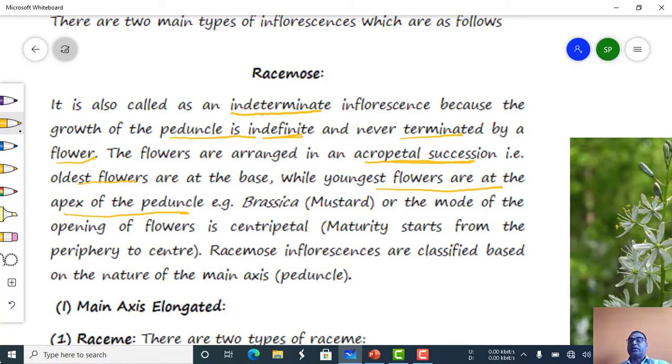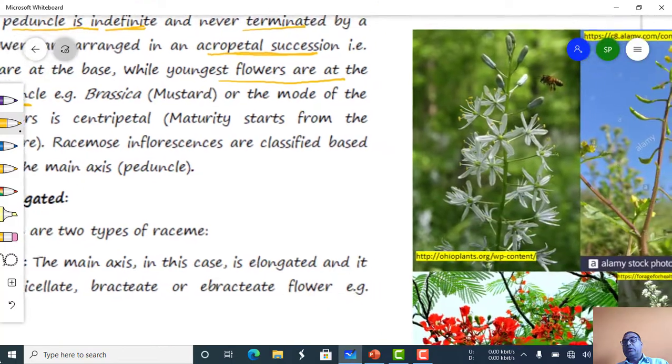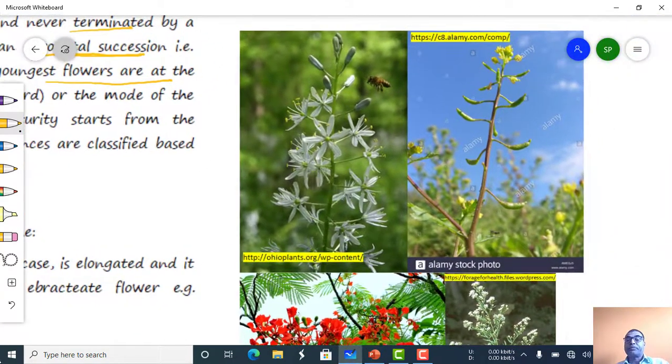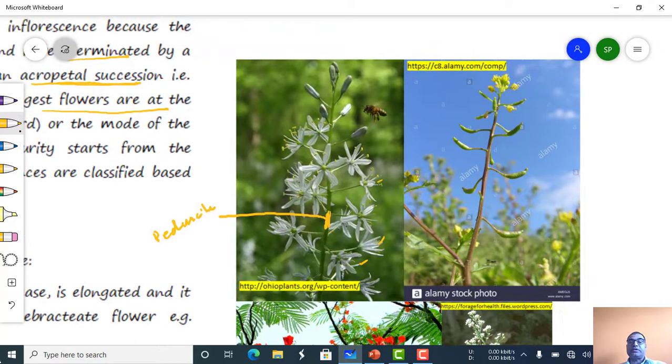Suppose this one figure. Okay, these are the flowers. All these are the flowers. These flowers are arranged on a common axis. This common axis is called a peduncle, and on this peduncle flowers are arranged in an acropetal succession.